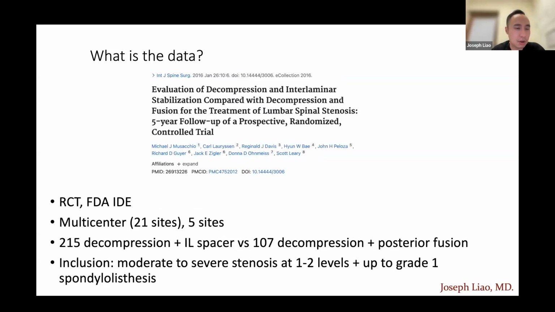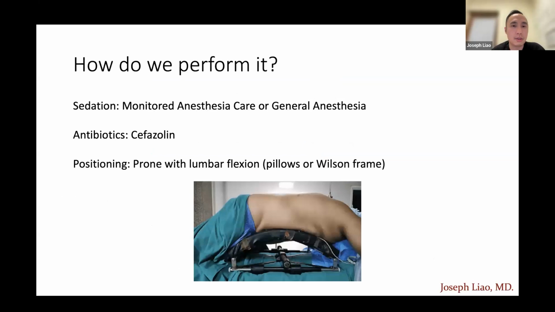Here's another study. It's another RCT with the FDA IDE involving 21 centers. They compared about 200 patients who had decompression plus Coflex versus 110 with decompression and posterior spinal fusion. The inclusion criteria were moderate to severe stenosis at 1 to 2 levels, and up to grade 1 spondylolisthesis.